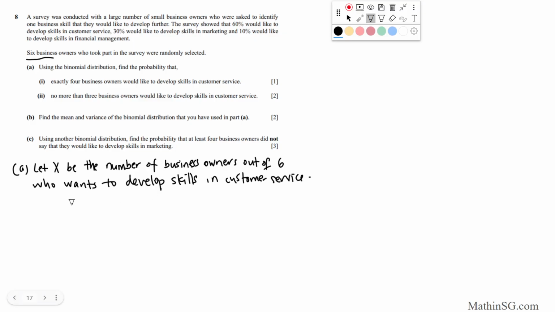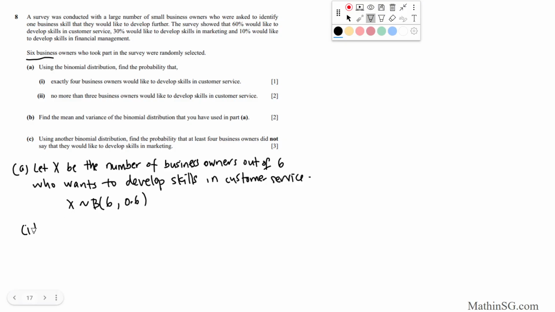Okay, and let us define X takes binomial distribution, n is 6, and what's the probability that someone wants to develop customer service? Customer service is 60%, so it's 0.6.